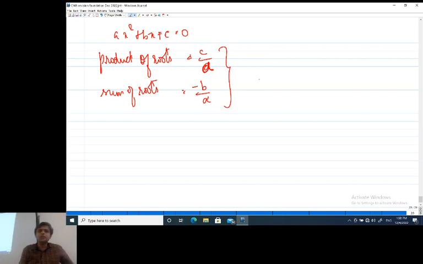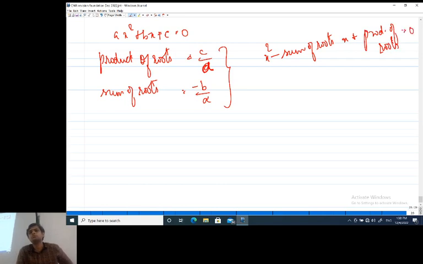Number 2, if you are given these two and you are asked to frame the equation, then the equation can be found by x squared minus sum of roots x plus product of roots equal to 0. You are getting it?